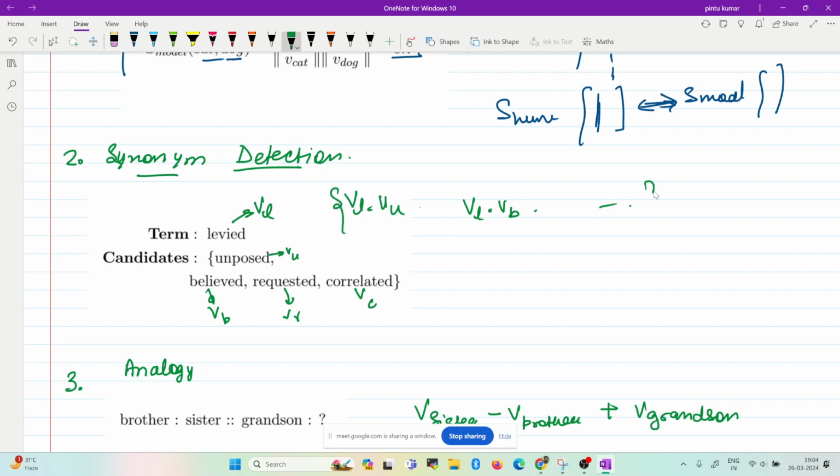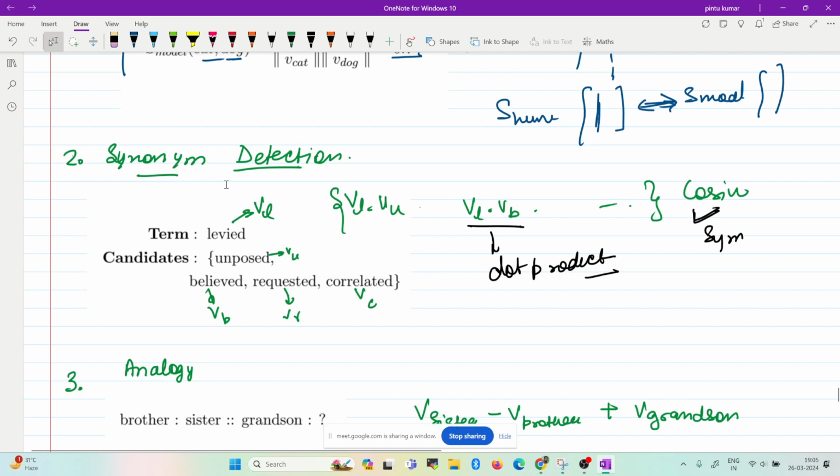Whichever gives you the highest dot product or the highest cosine similarity, that particular one you will choose as your synonym. I'm not saying that this is the synonym. The accuracy of choosing your synonym would be the quality of your representation. Okay, so the second thing is that this also depends on your dot product.